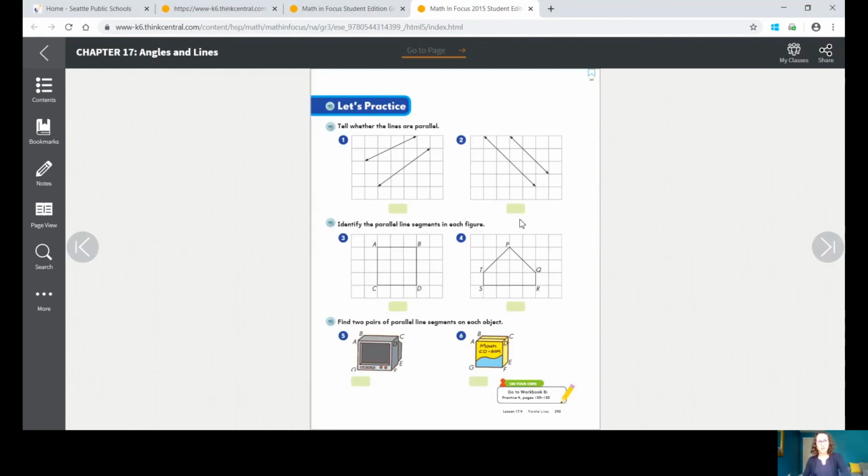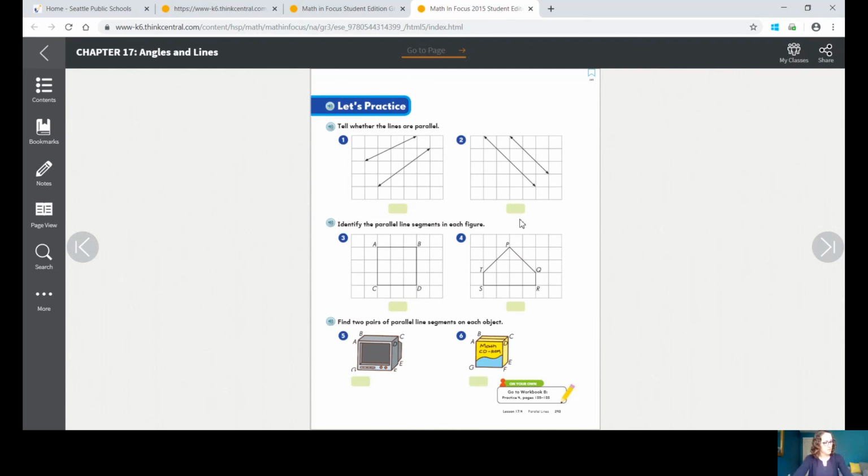Okay, so now we're down to the let's practice, which is pretty short for this lesson as well. It's just numbers 1 through 6, and then you'll move into your workbook pages, and it's going to be pages 185 to 190.